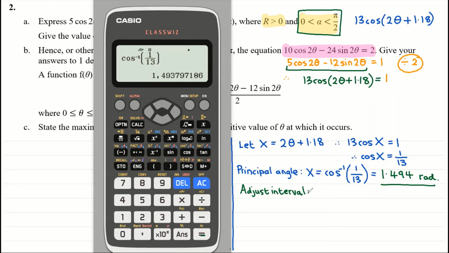We've got to also add 1.18 radians to it. So at the moment, we have an interval between 0 and 2 pi for theta. So I simply have to double it. So multiply everything by 2, first of all.